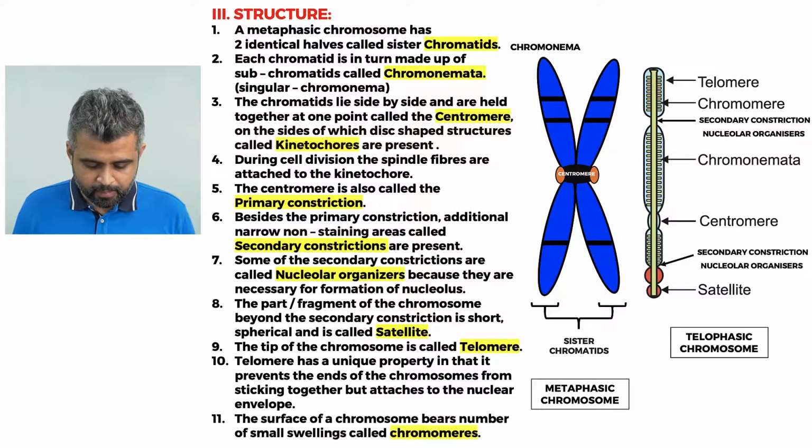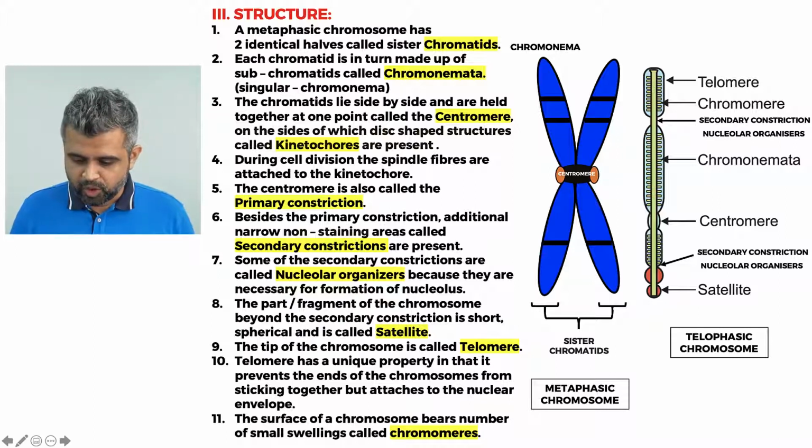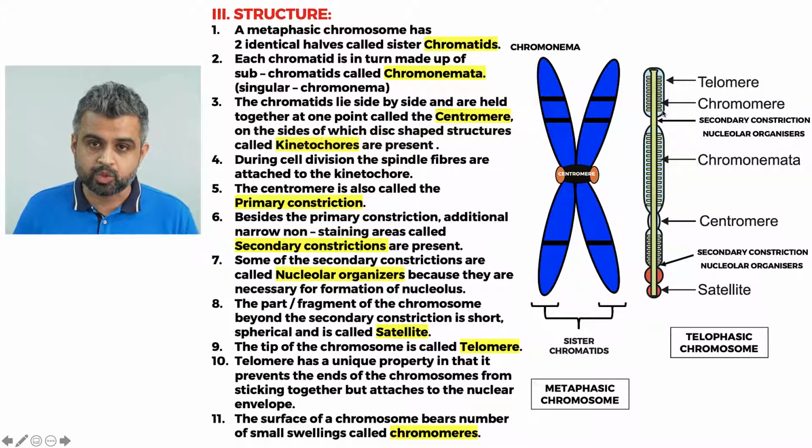And lastly, the surface of the chromosome has small swellings which are called chromomeres. If you see this part of the chromosome here, please bring your attention to this part. You will notice that there are these small elevations that you may see on a chromosome.